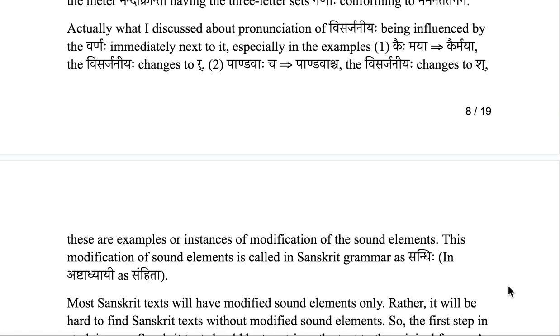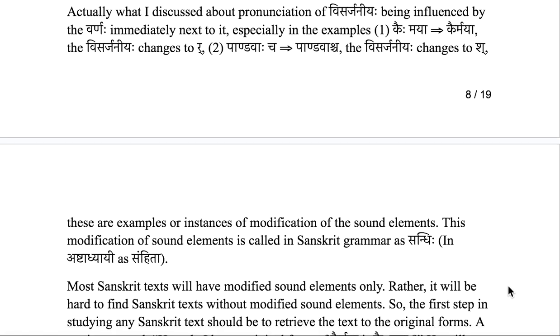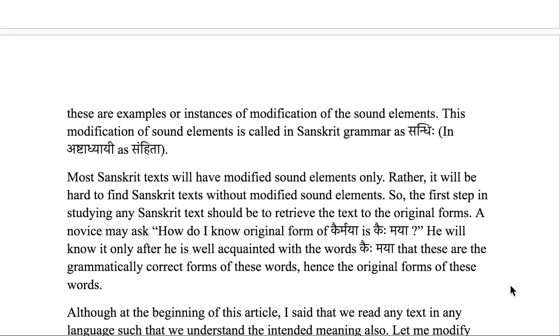This modification of sound elements is called in Sanskrit grammar Sandhi. In Ashtadhyayi, it is called Samhita. Most Sanskrit texts will have modified sound elements only. Rather, it will be hard to find Sanskrit texts without modified sound elements.